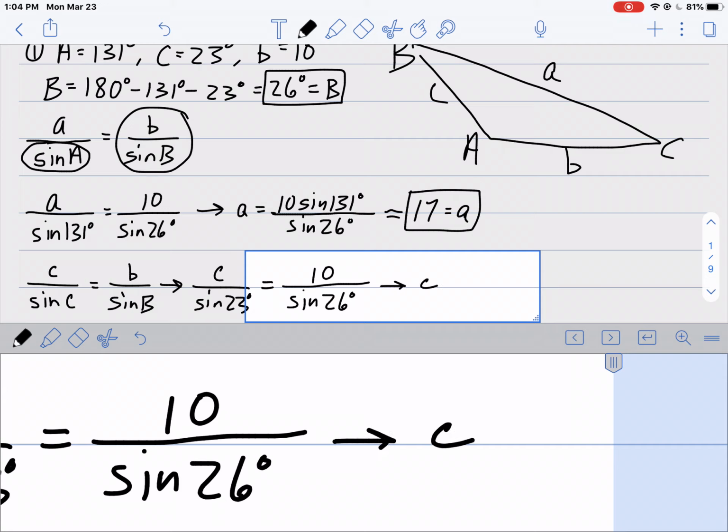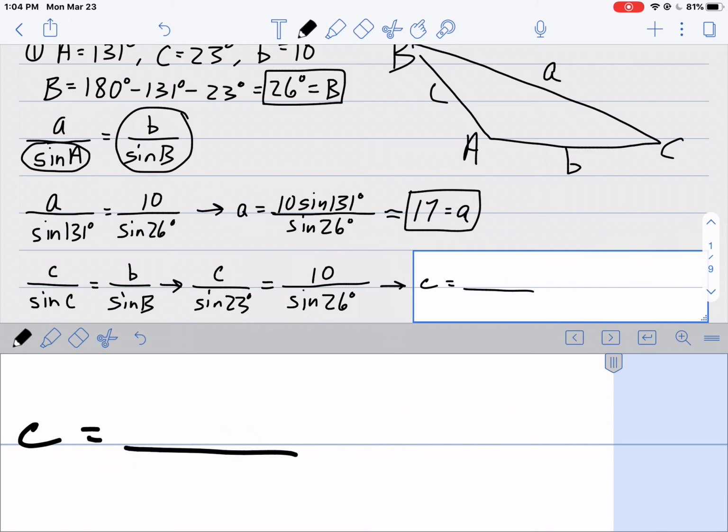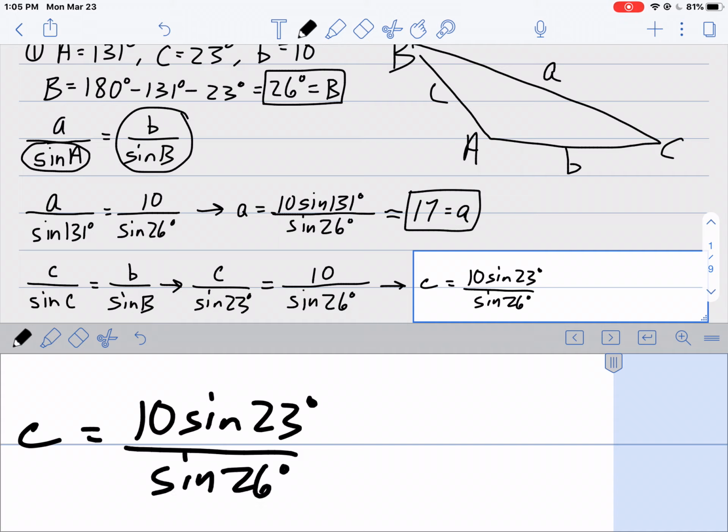So solving for C, I'll just multiply by sine of 23 degrees. And I've got C then equal to 10 times the sine of 23 degrees over the sine of 26 degrees. And we'll plug that in. We can approximate that again to the nearest whole number, and you should get 9.